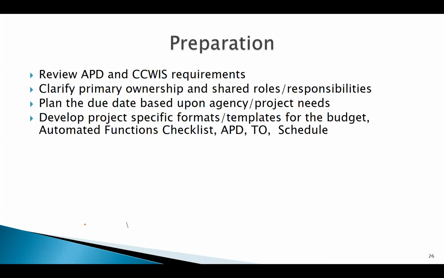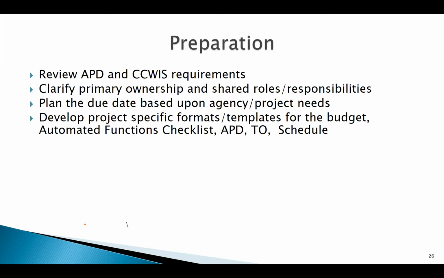But other kinds of things you might want to consider is if you have other federal audits that are going on, if you have state activities or audits, other projects, things that are going on, you should think about that when you're setting up the regular time frame for when your APD will be due.